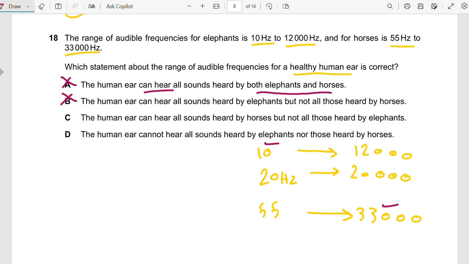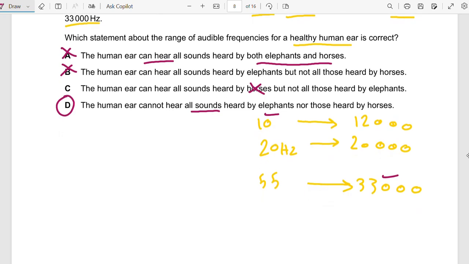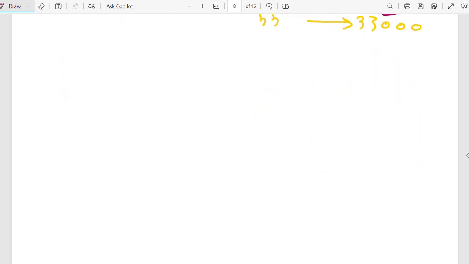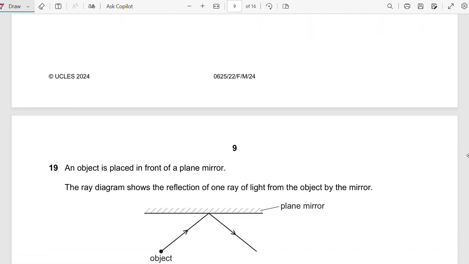In C, they say the human ear can hear all sounds heard by horses. No need to complete, because again, the 33,000 we cannot. In D, which is obviously the correct answer, they say the human ear cannot hear all sounds heard by elephants, nor those heard by horses. So we can hear some of them, not all. So option D is correct.